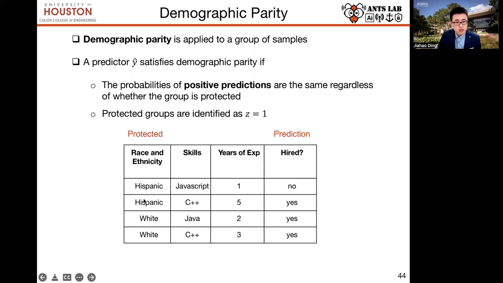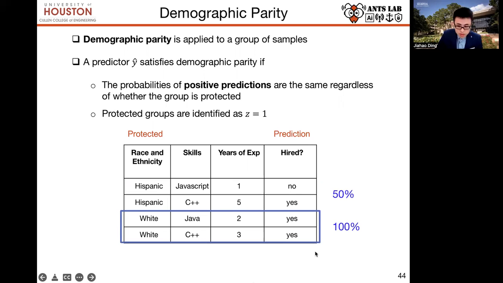Consider the Hispanic group: each person has a 50% positive rate of being predicted as hired, and for the white group, it is 100%.